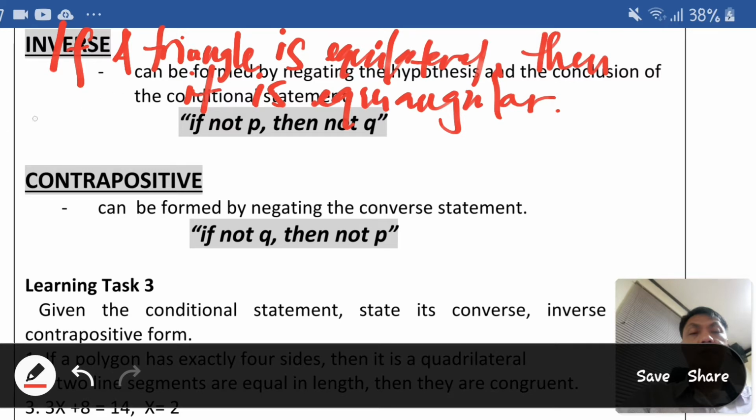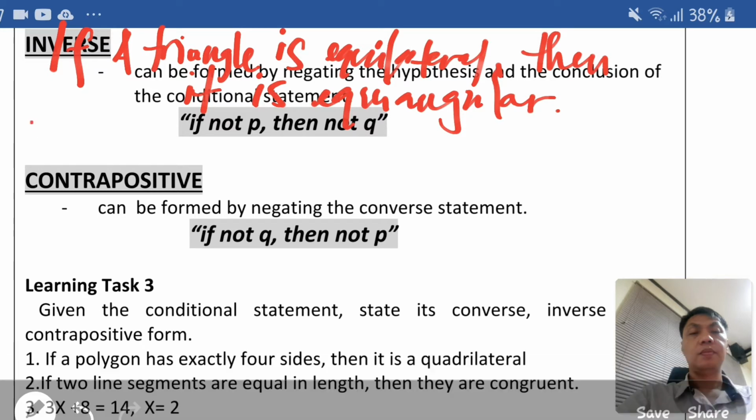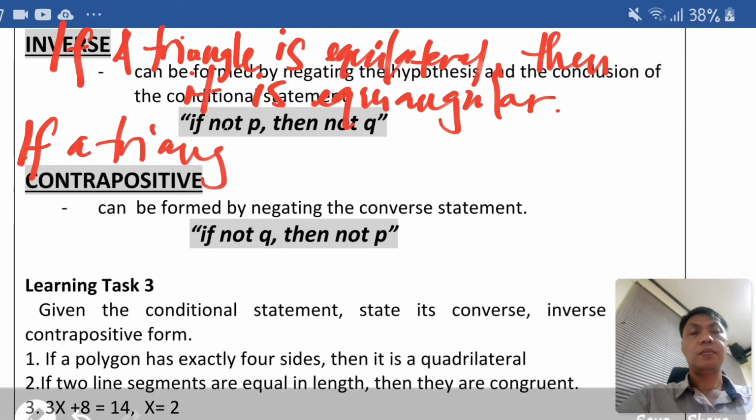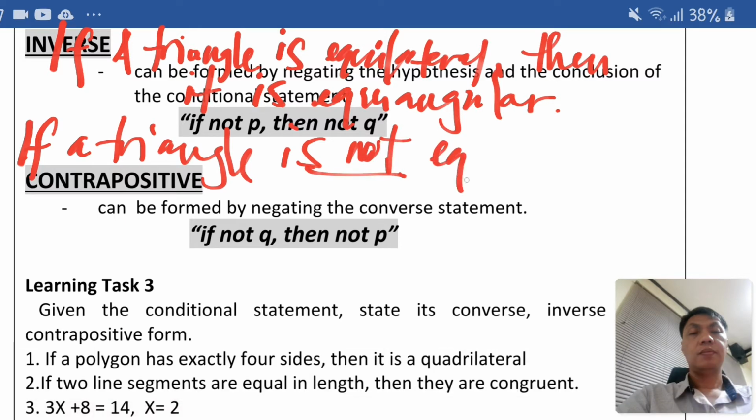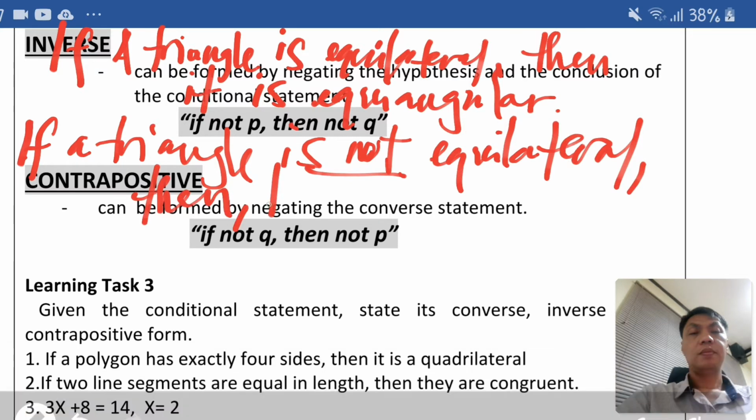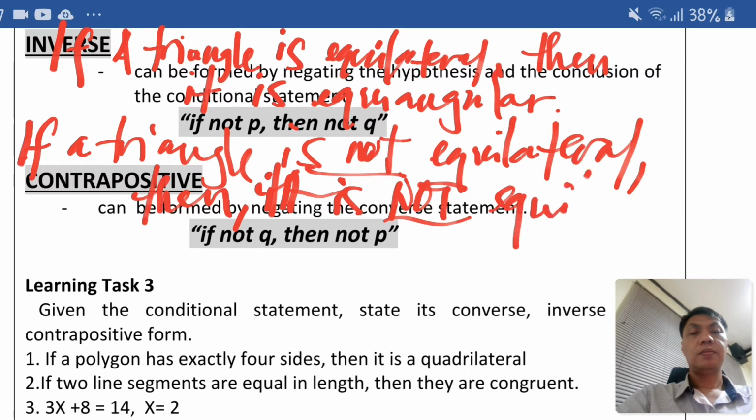So if we negate the hypothesis and the conclusion of this statement, we have: if a triangle is not equilateral, then it is not equiangular.